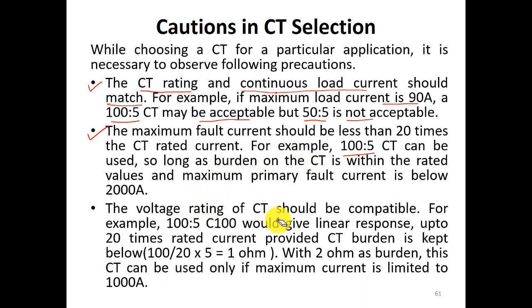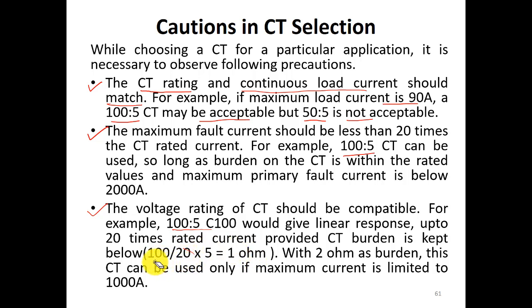The voltage rating of the CT should be compatible. For example, a 100:5 C100 would have linear response up to 20 times the rated current, provided the CT burden is kept below 1 ohm.